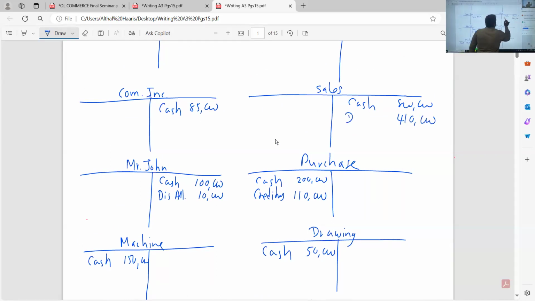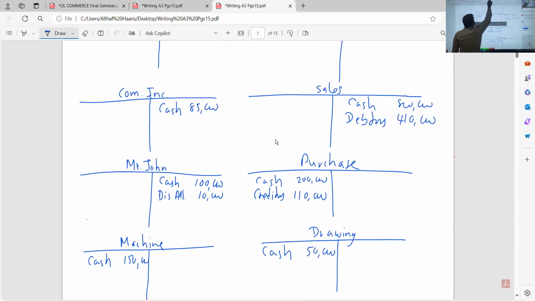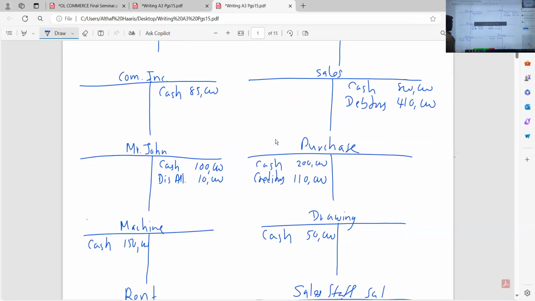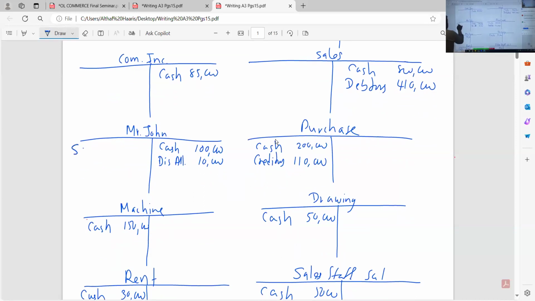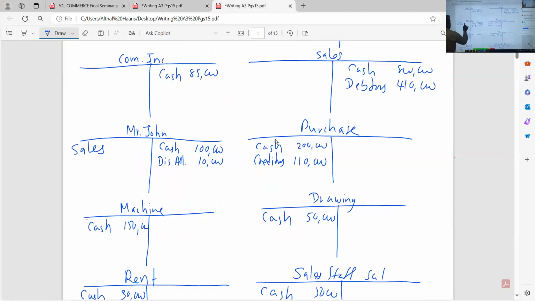Here you can write debtors. So individual values you have to write in the individual accounts. John and Peter. John here, sales. What's the value? 350,000.